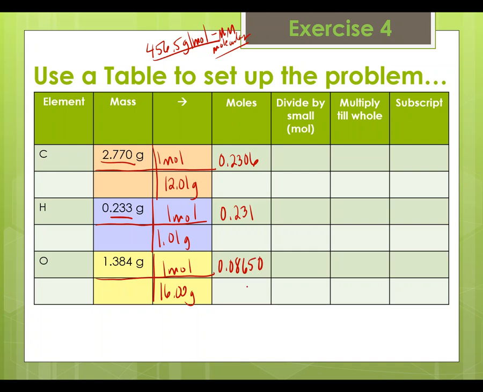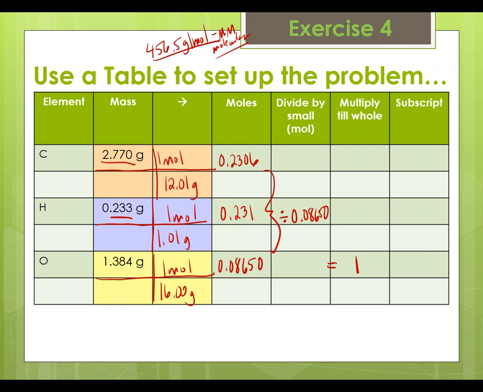Out of those 3 numbers, which one's the smallest? What do I divide everybody by? Which mole value, the carbon, the hydrogen, or oxygen was the smallest? Yeah, the oxygen. So we're going to divide everybody by this number, so I only have to write it once. So this one becomes a 1.